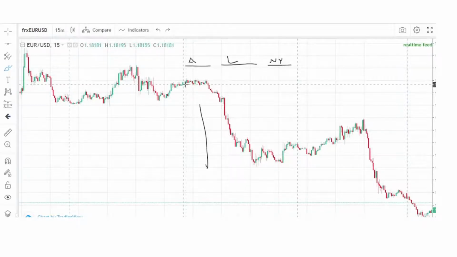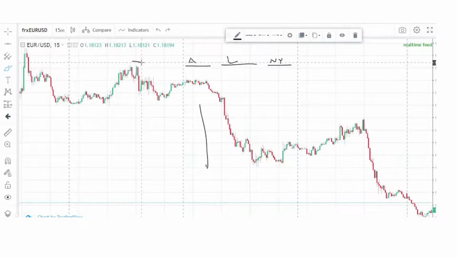So when New York closed here, we had Asia open. And then we look at the high. This is the high of New York, and this is the low of New York.